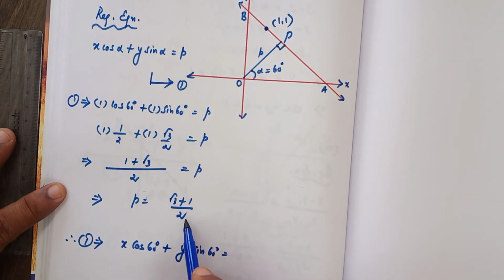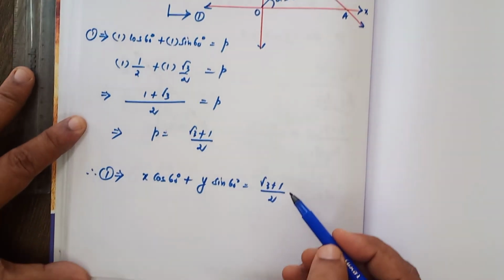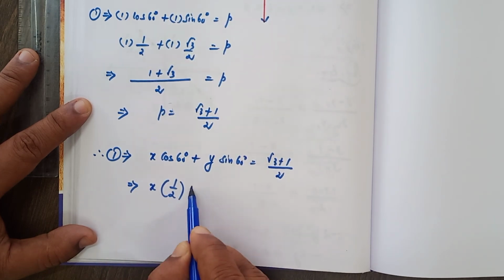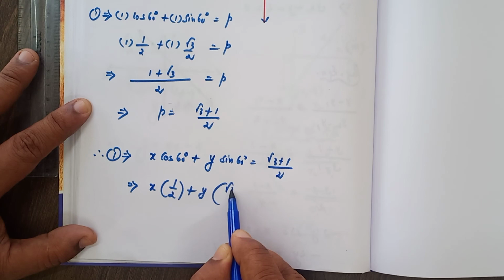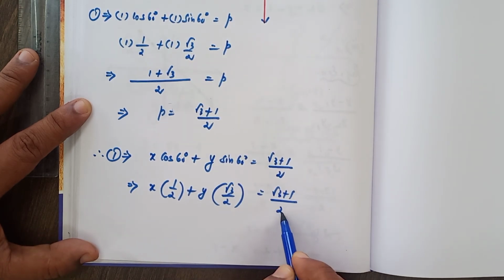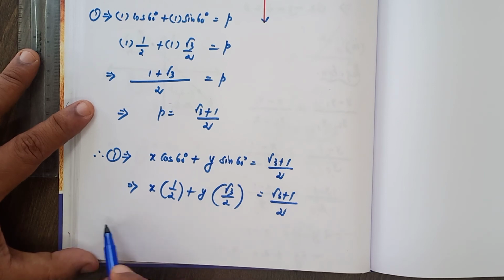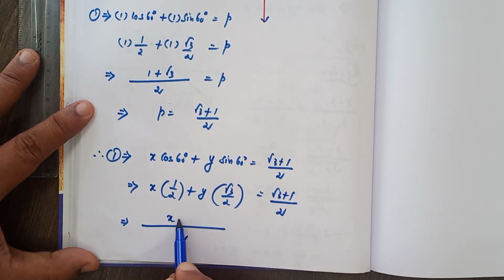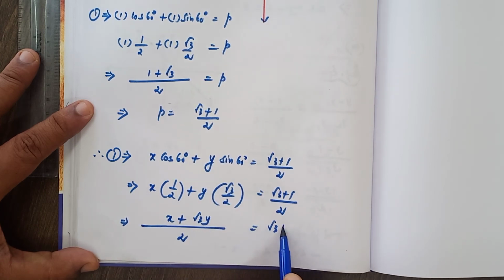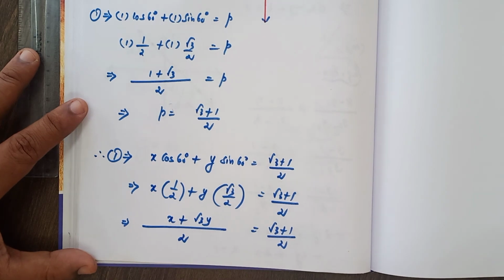I got the value of p, that is (root 3 plus 1) by 2, which implies x into 1 by 2 plus y into root 3 by 2 is equal to (root 3 plus 1) by 2. Now the common denominator is 2, therefore x plus root 3 y is equal to (root 3 plus 1) by 2.